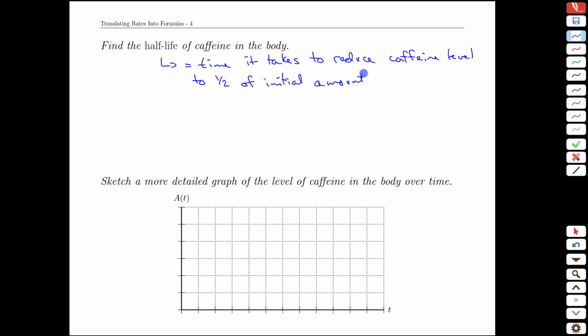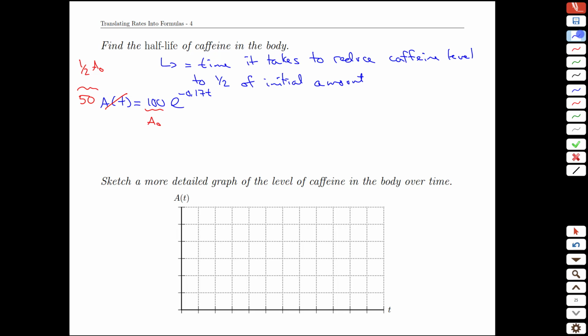And the nice thing about that is it's straightforward to put in. If we have our A is equal to 100 e to the negative 0.17t, then what we're talking about is reducing the amount down to half of what 100 was. This was our initial amount, and on this side we're putting 1/2 of that initial amount.